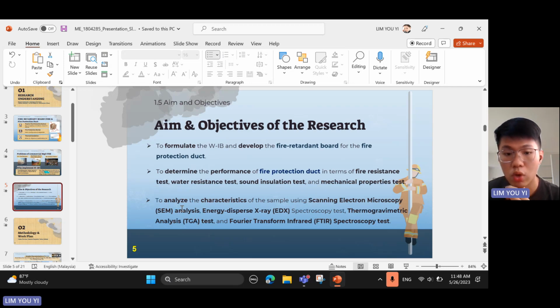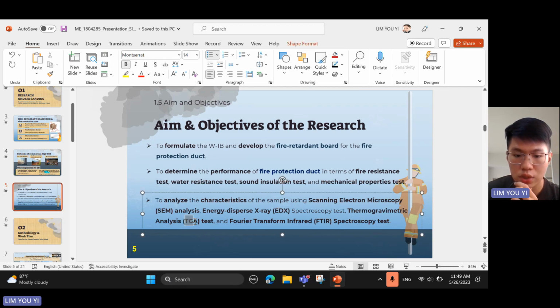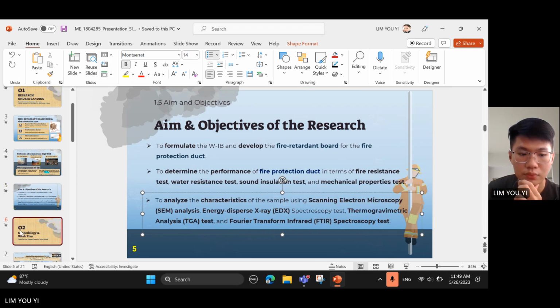Other than that, we will also analyze the characteristics of the WIB sample by using scanning electron microscopy (SEM), energy dispersive X-ray spectroscopy (EDS), thermogravimetric analysis (TGA), and Fourier transform infrared spectroscopy (FTIR) tests.